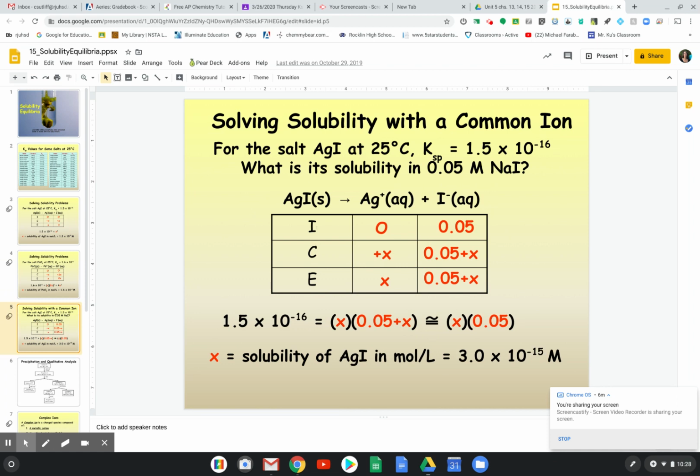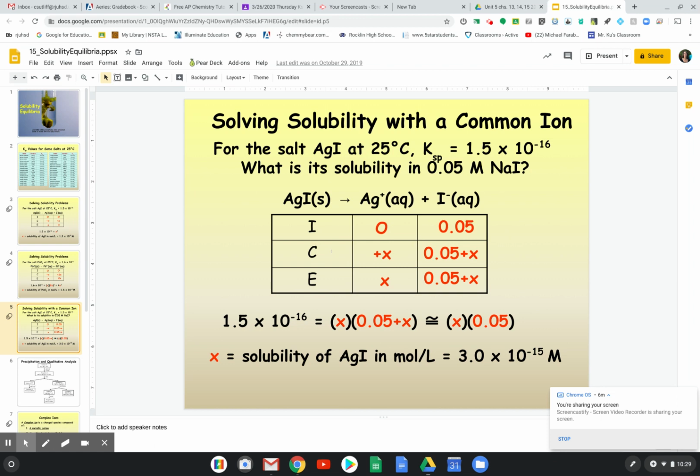So when you go to write your ICE chart, you don't have any of the silver ion initially. However, you do have some of the iodide ion, and that is being contributed from the sodium iodide. So I have 0.05 molar of iodide ion initially from the sodium iodide.